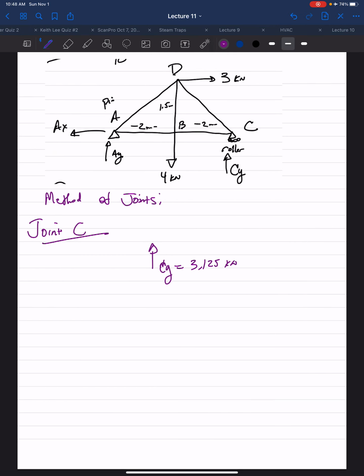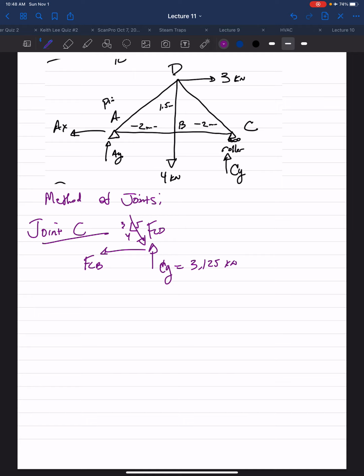You have your FCD coming down. This is a 3-4-5 slope triangle. And you have your FCB. So two unknowns, one known.